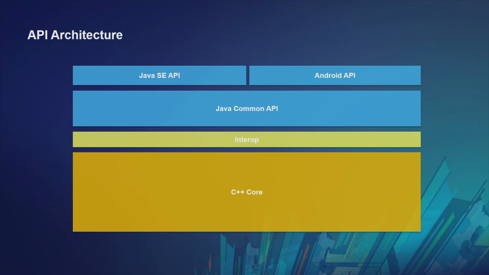So that actually opens up the possibility where you could have an app that uses the non-platform specific APIs in the core module, where you can put your business logic and then perhaps use that in both an Android app and a Java SE app.